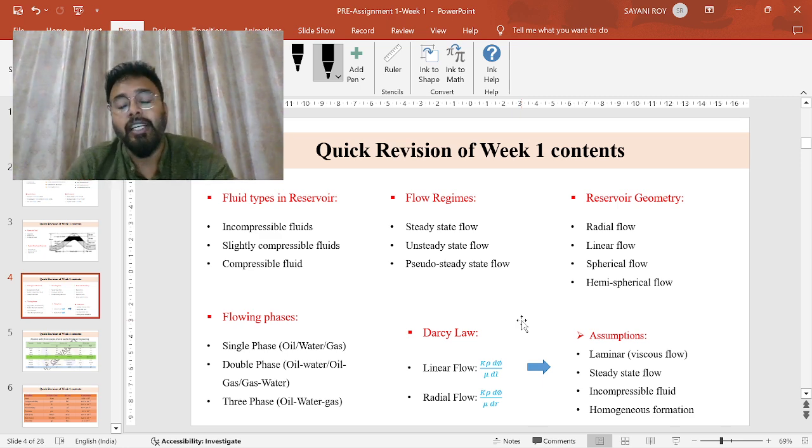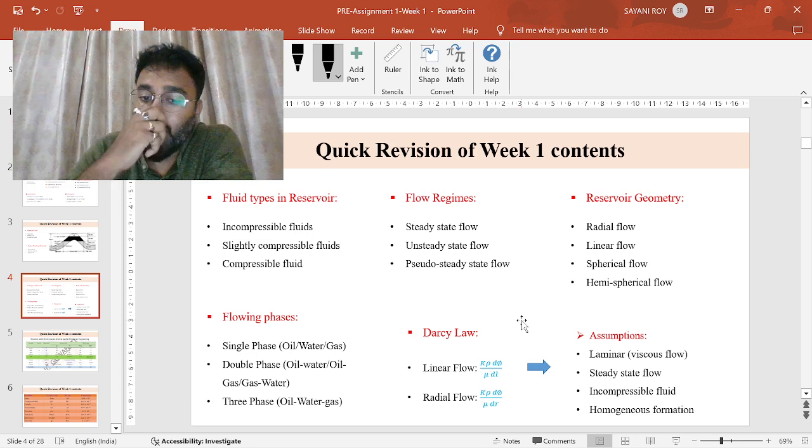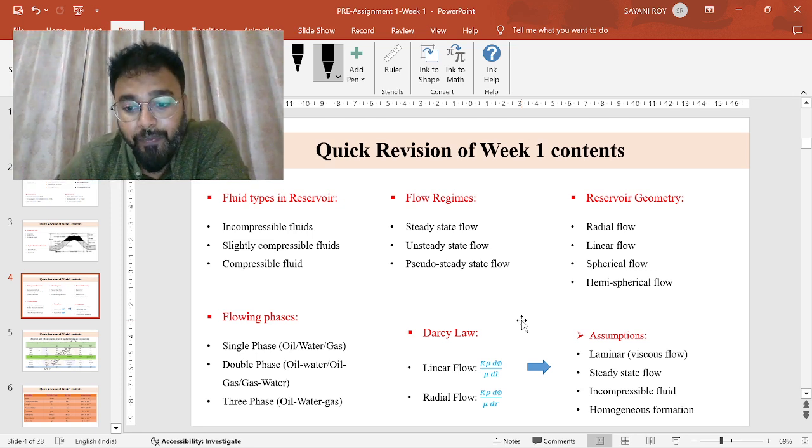Again, there are many changes done in Darcy's law to remove these assumptions. The equation given here is for incompressible fluid, but there are equations for slightly compressible fluid, for both linear and radial flow, and there are equations for gas flow also, that is compressible fluids, mainly gas reservoirs.